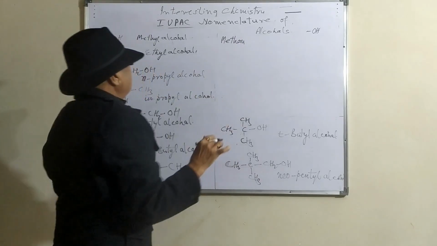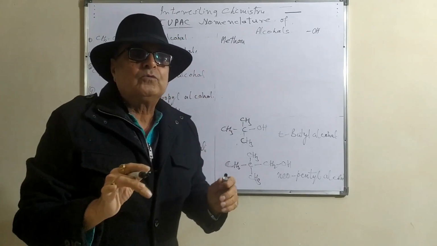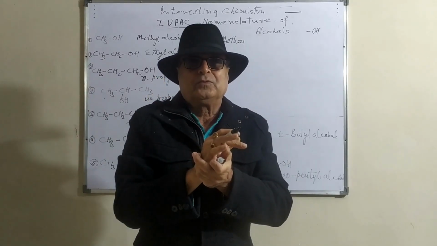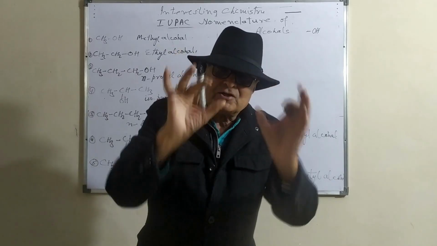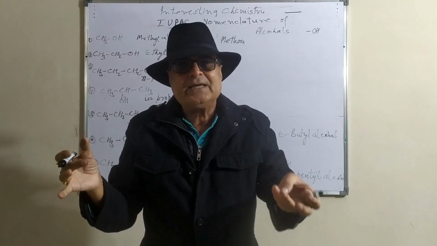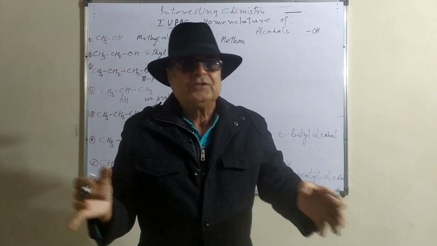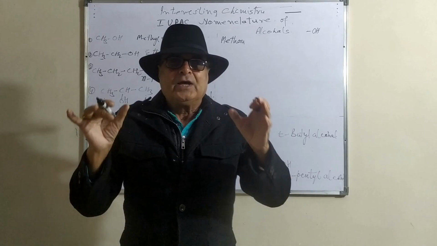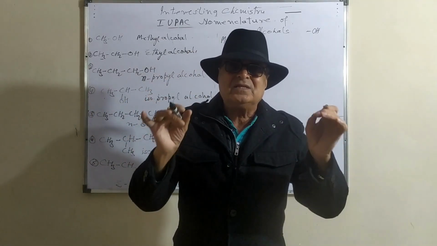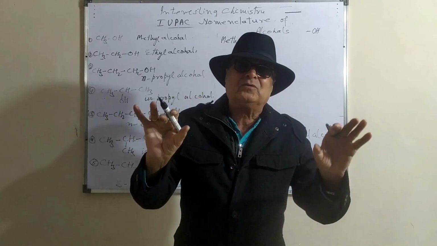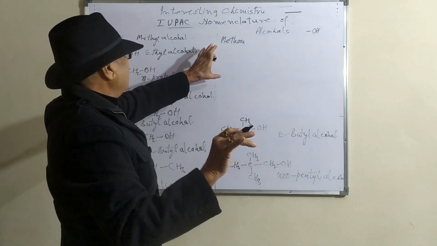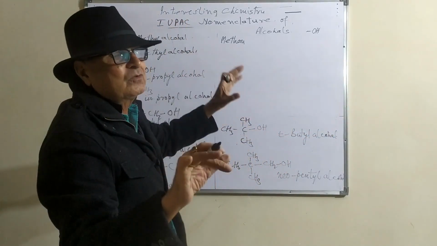As I told you, all the compounds which have a functional group are derivatives of hydrocarbons, whether alkane, alkene or alkyne. The acids, ketones, aldehydes, nitriles, alcohols, ethers, amines, all these types of compounds are derivatives of hydrocarbon.